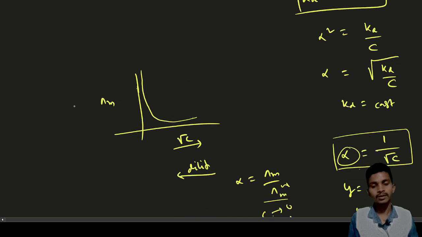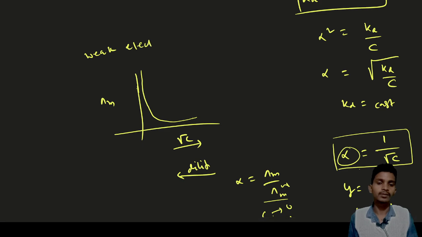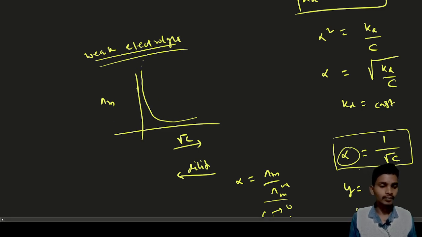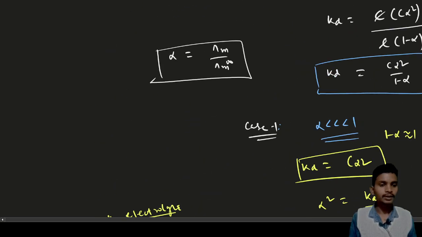So this is the equation for weak electrolytes. It does not touch, because this is the graph of a hyperbola, so it will go to infinity. Okay, this is case 1.